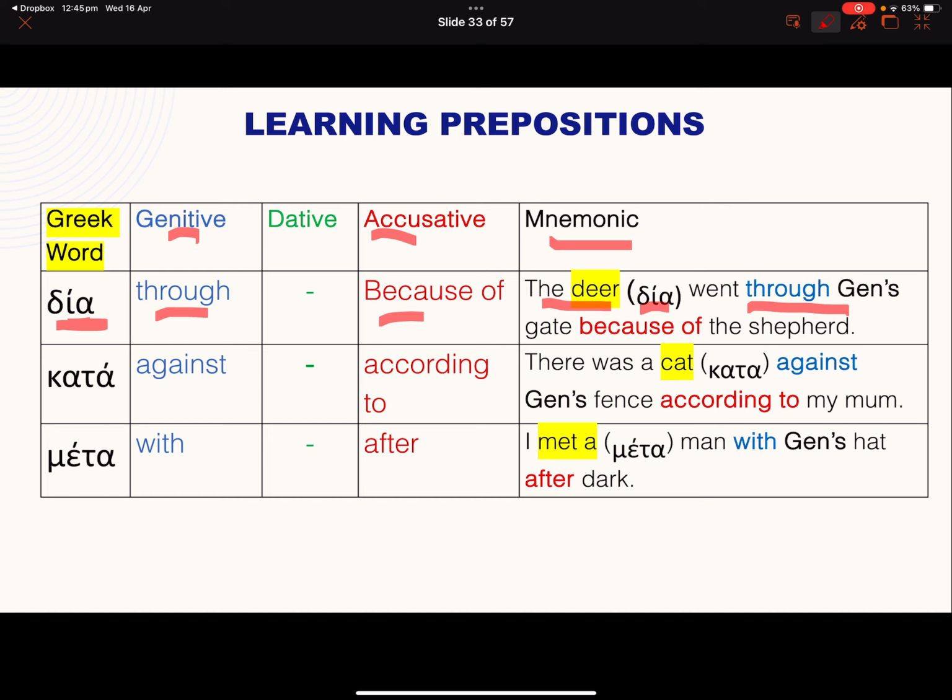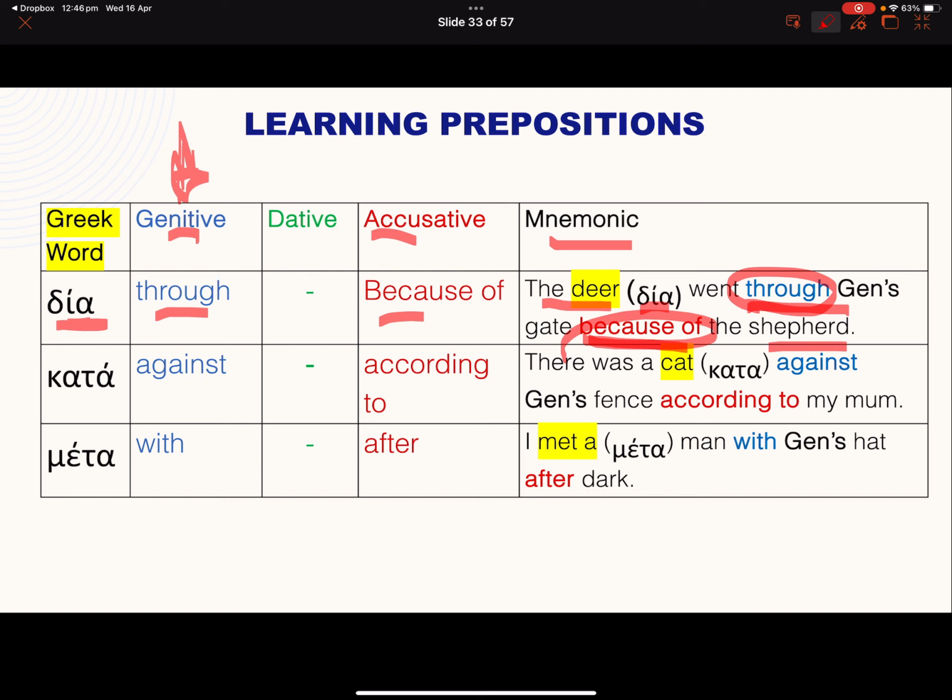I always do the genitive first because it's the first one in my list. The deer went through Jen's gate. Then the second word that I'm memorizing is because of the shepherd. So when I've got a word that has two meanings, I always put the genitive first in my sentence and then the accusative second, and that helps me to remember through, because of. Through is the genitive meaning and because of is the accusative meaning.